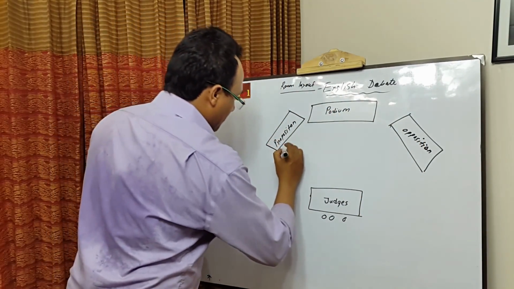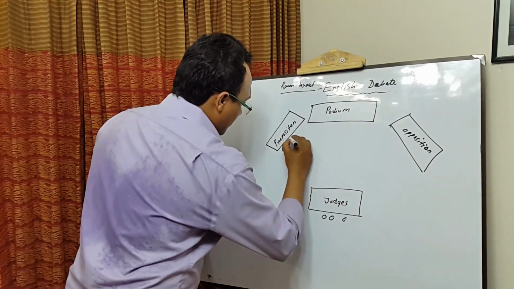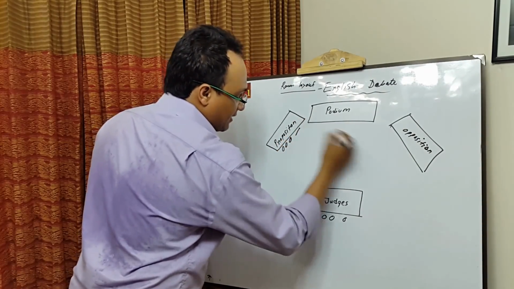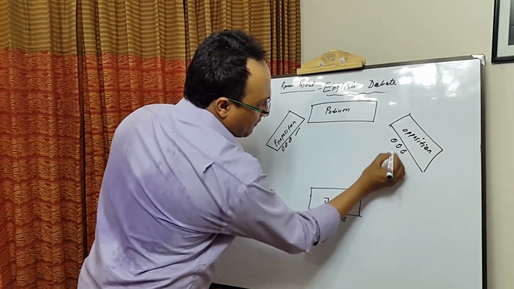With the podium, the proposition members can be 3 or more, and the opposition 3 or more.